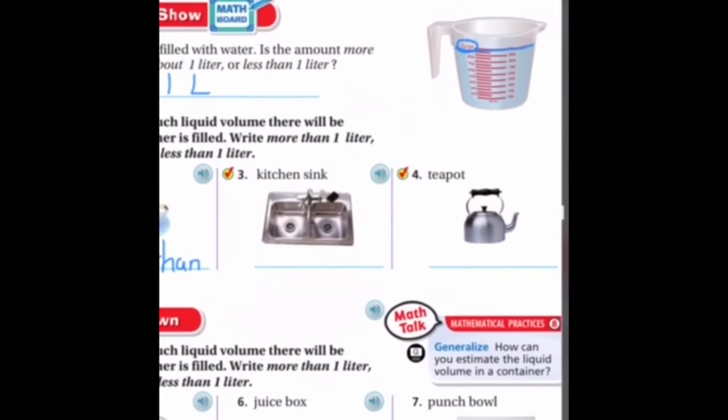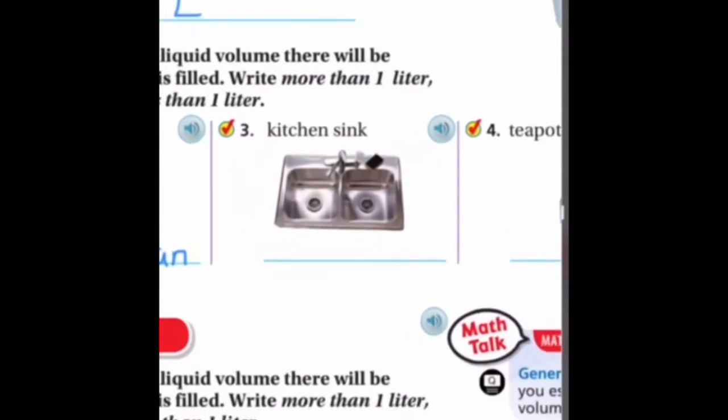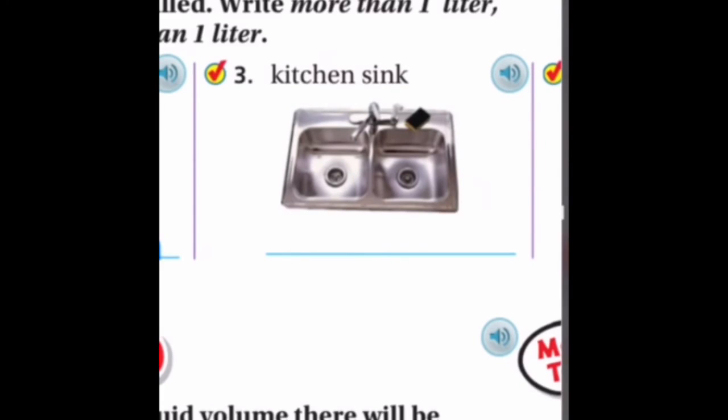Okay, if you're confident, maybe you should pause the video, check your work, do 3 and 4, and then resume the video and see how you did on 3 and 4. Here we have a kitchen sink. Does that hold more than 1 liter of water, about 1 liter, or less than 1 liter?